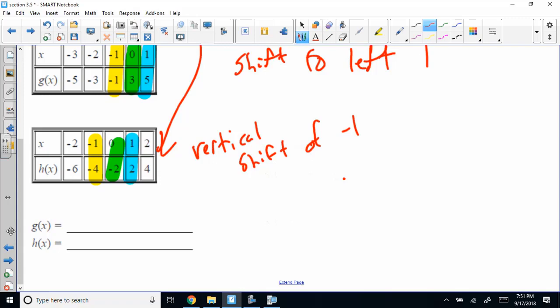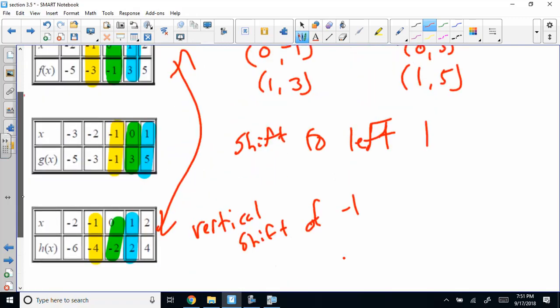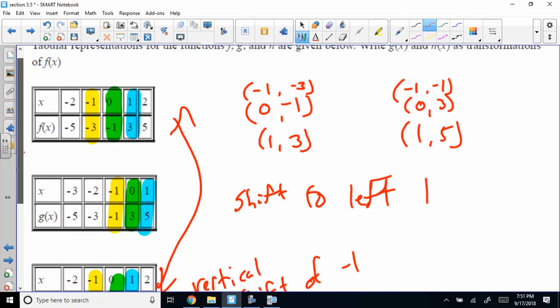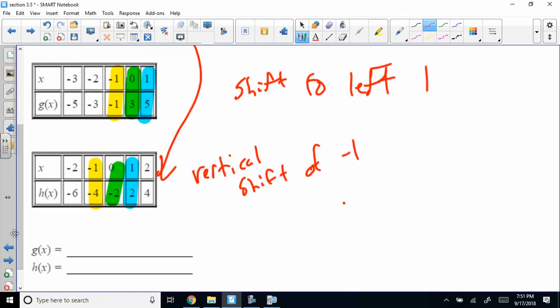Yeah, you got to write that, I think, or they may want you to. They may want you to do things like this. And then this would be h of x minus 1, right? Does that make sense?